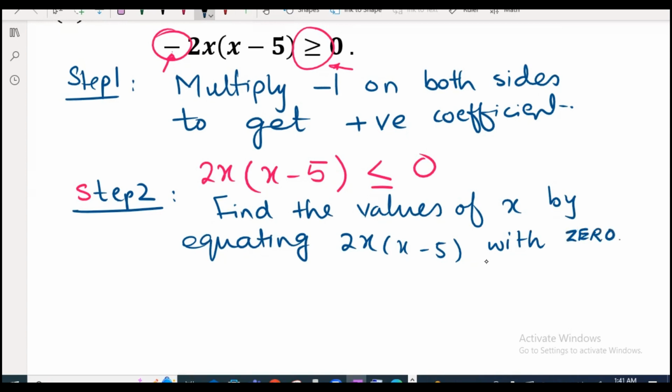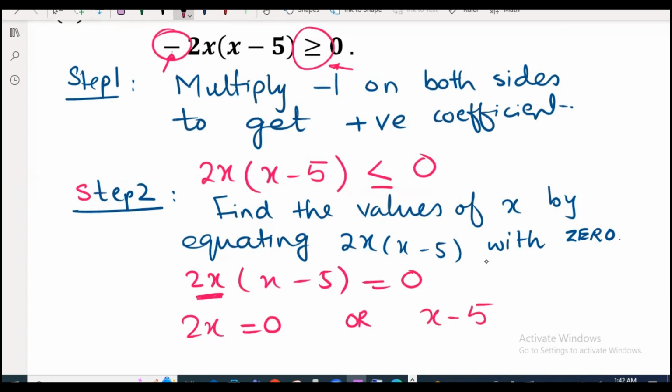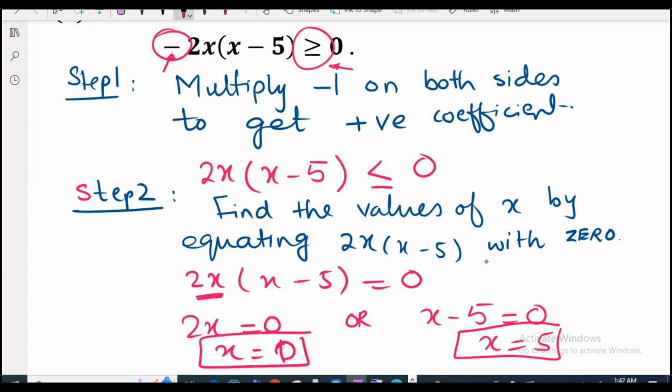So when we equate with 0, we get 2x times x minus 5 equal to 0. So we get 2x equal to 0, or x minus 5 is equal to 0. So we get x equals to 5 and x equals to 0. There are two values here.